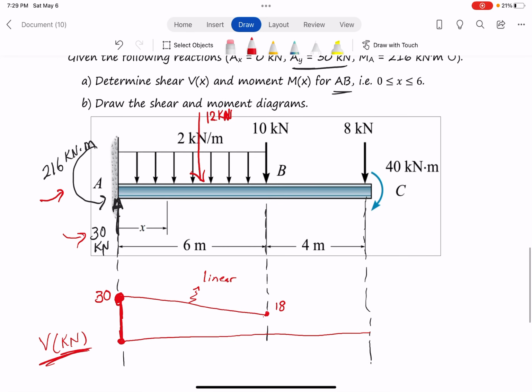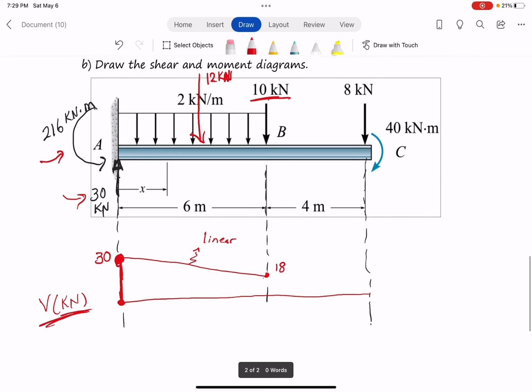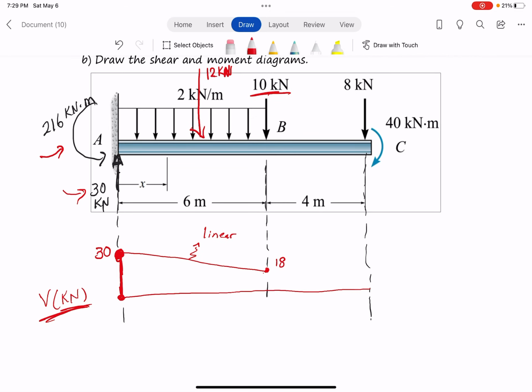And you could notice at point B that there is also a point load down, 10. So 18 minus 10, you're going to go down, and that is 8.